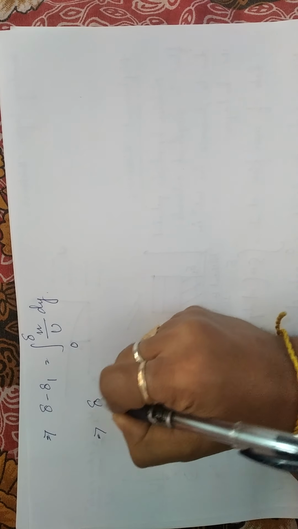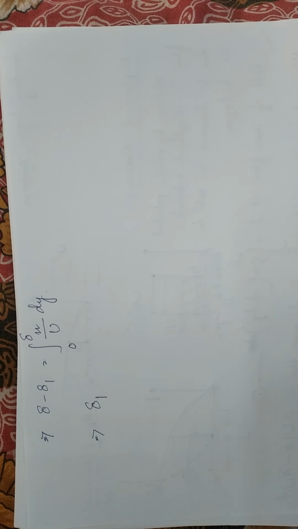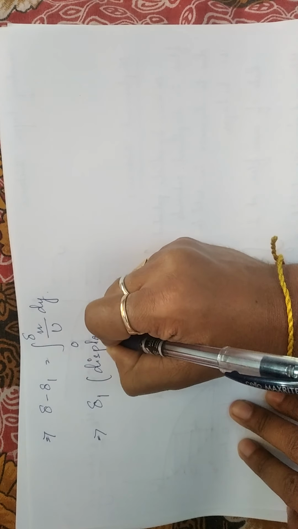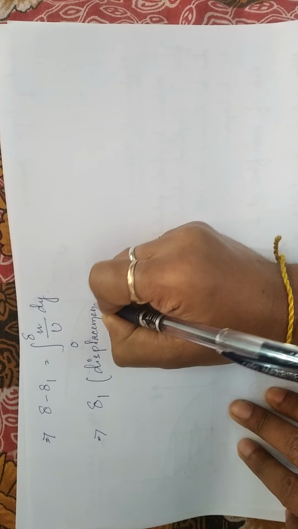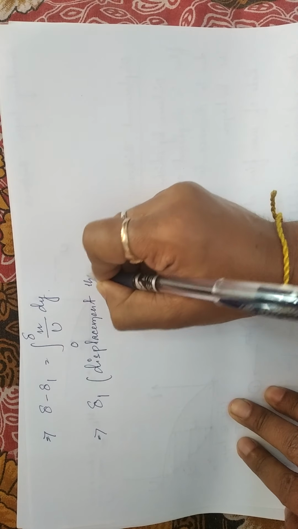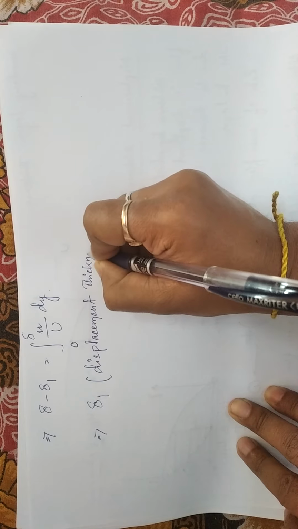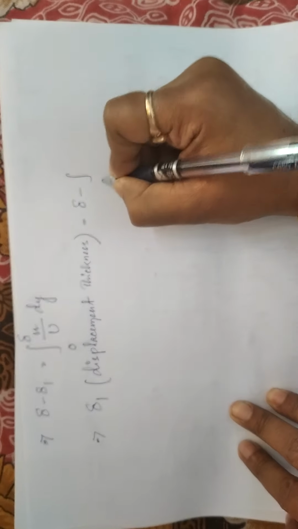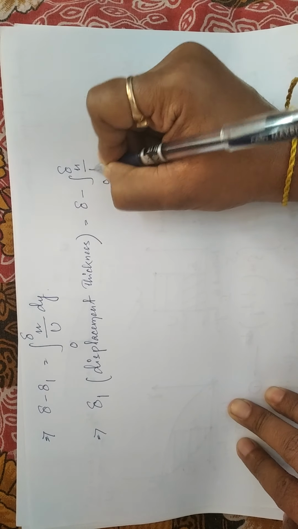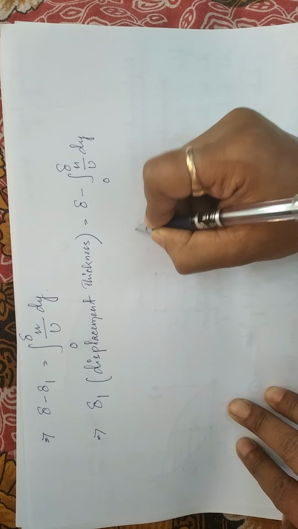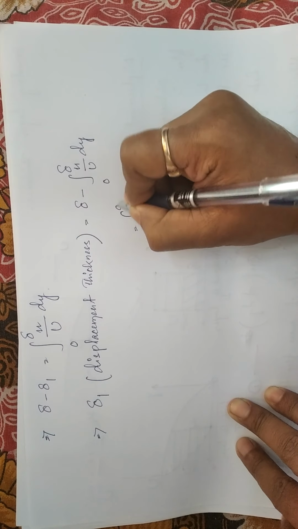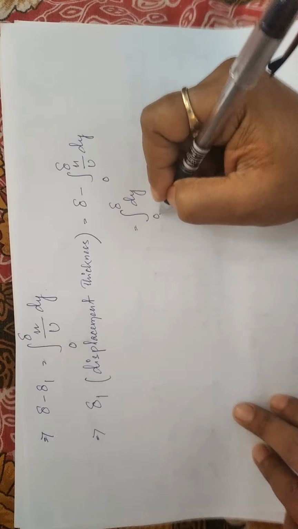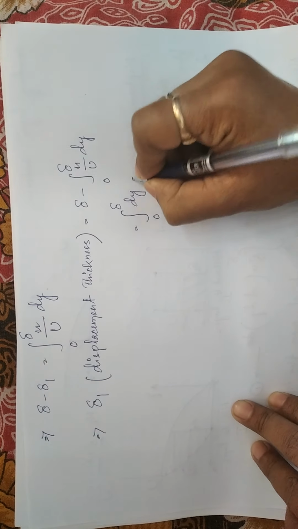So this implies delta 1. Delta 1 is our displacement thickness, because you are displacing the potential flow upward. Displacement thickness, okay, it will be delta minus the integral from 0 to delta of small u by capital U. Now this first term can be written as, yes, this is possible: if you integrate your 1 with respect to y, and after substituting the limit, you get the previous line.